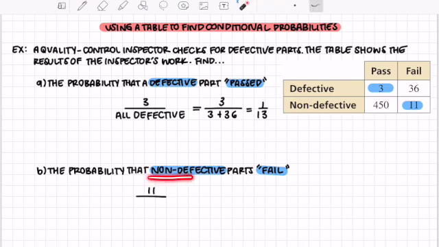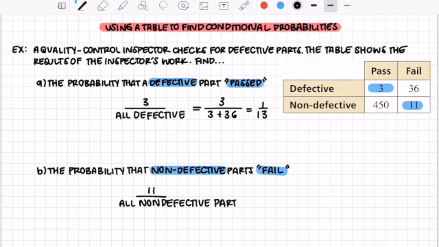So if we're looking at the non-defective parts, which would be the 450 that passed and the 11 that failed, underneath I'm going to write down all non-defective parts, which would just be 11 over 450 plus 11, and that would equal 11 over 461.